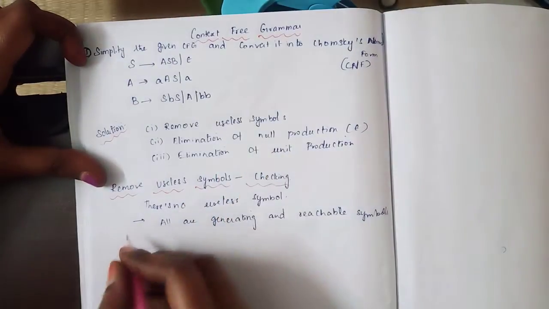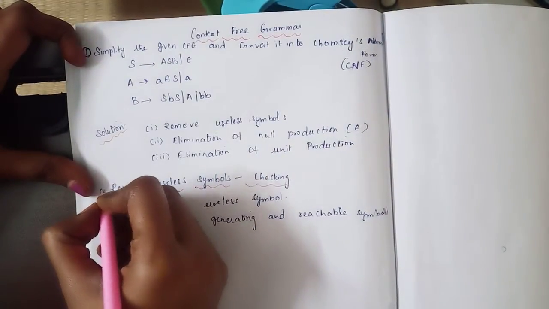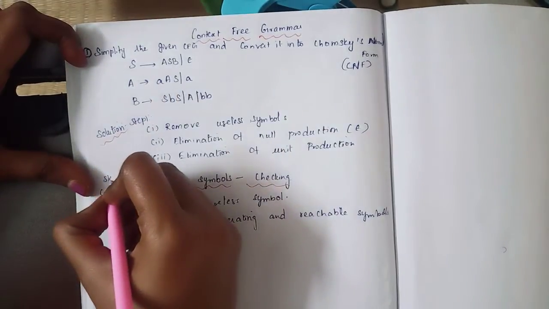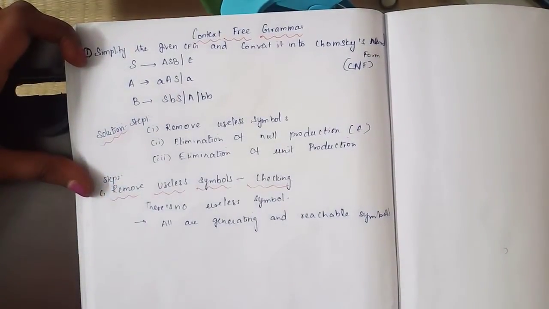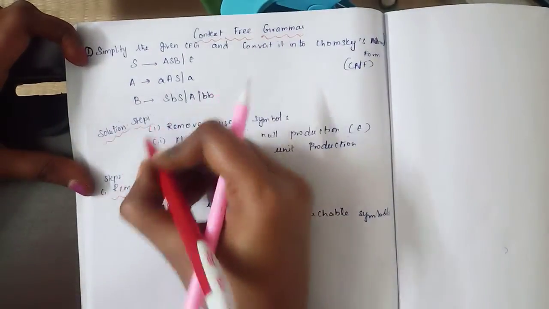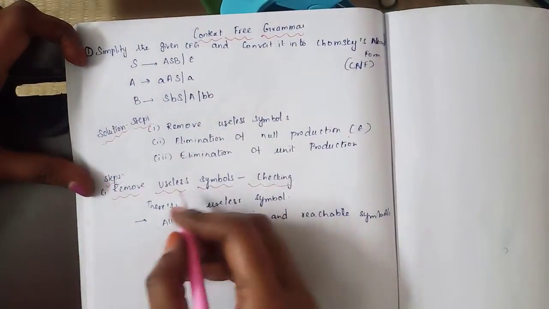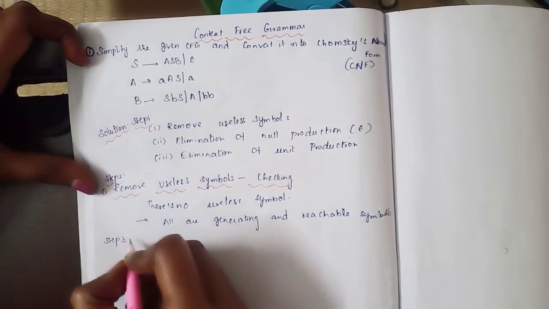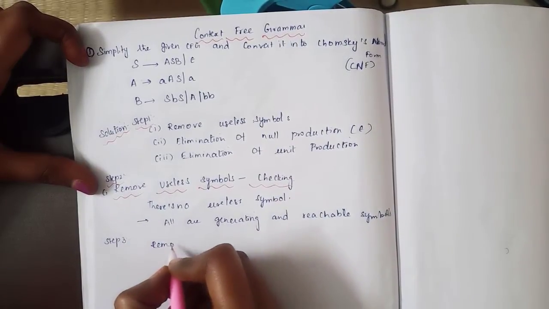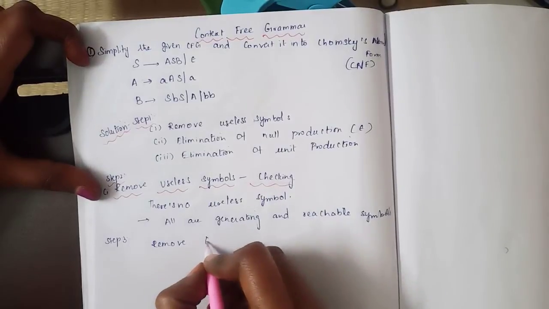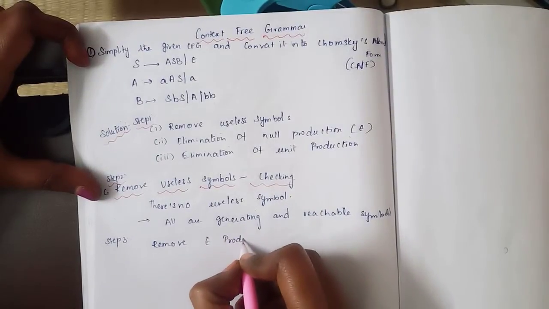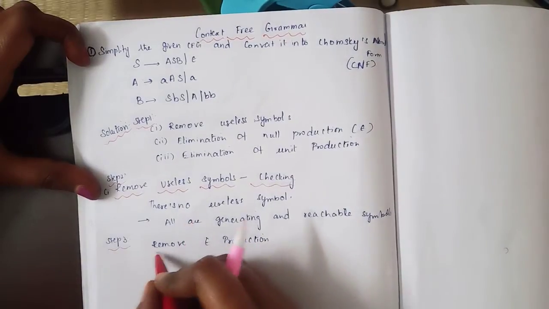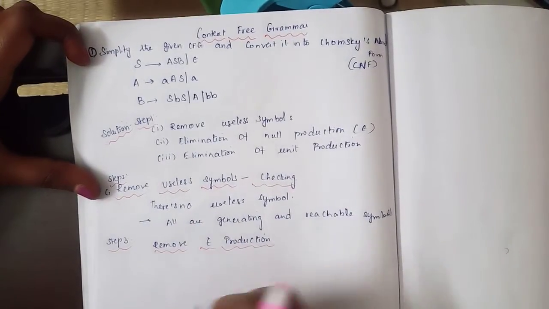Next we will see the elimination of null production. So this is step 1 and this is step 2. Next one is step 3, which is to remove null production, right? If the grammar contains epsilon, it is said to be a null production.